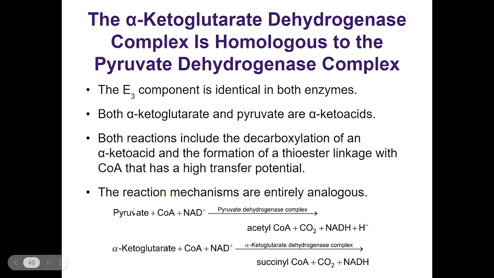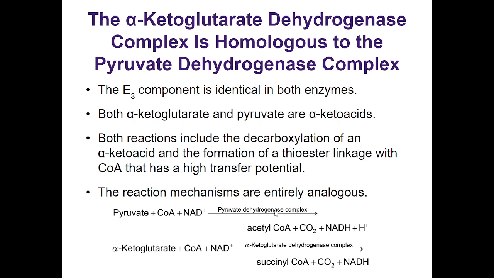So here we have pyruvate plus CoA plus NAD+. We have the pyruvate dehydrogenase complex. This is going to go to acetyl-CoA, CO2, NADH, and H+. Over here we have another alpha keto acid, in this case alpha ketoglutarate, plus CoA plus NAD+. We have the alpha ketoglutarate dehydrogenase complex.